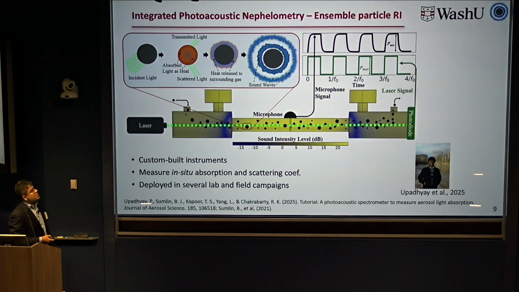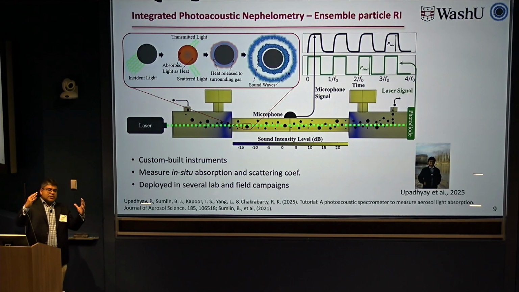So photoacoustic spectrometers, this is something which has been there for more than 100 years. But applied to aerosols, it has only gained prominence since the late 90s. And here, what this spectrometer does is that any material, any particle which absorbs light will re-emit it back as heat.